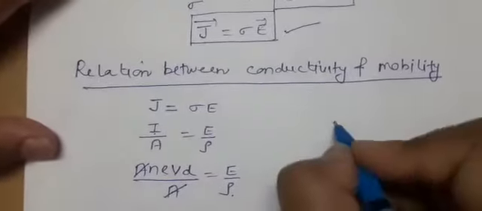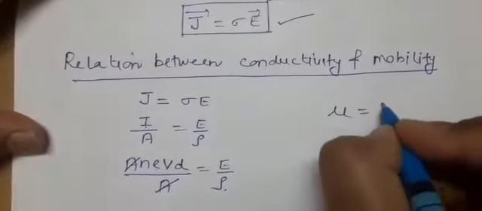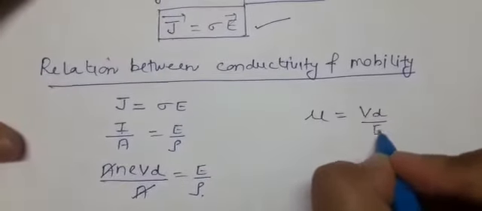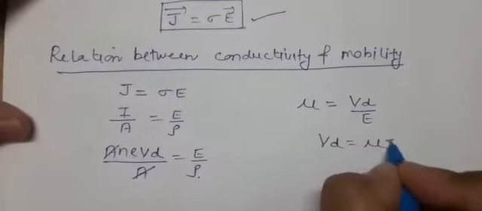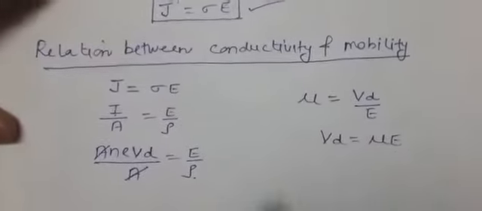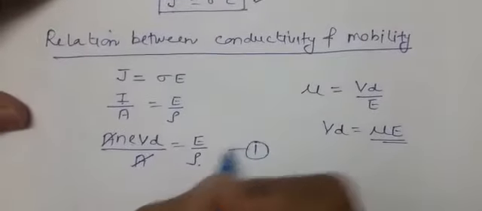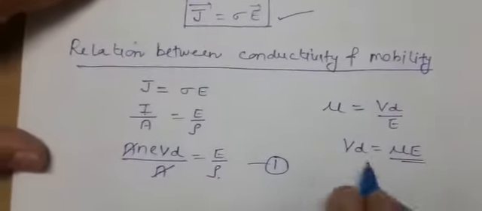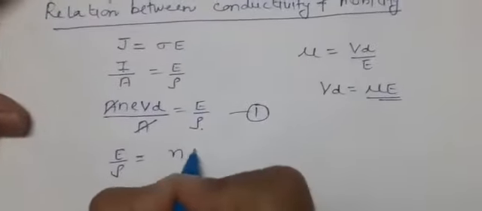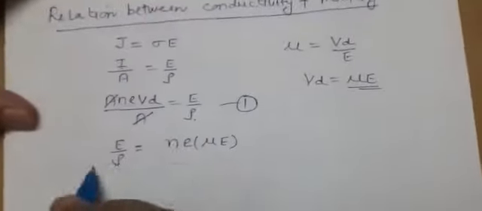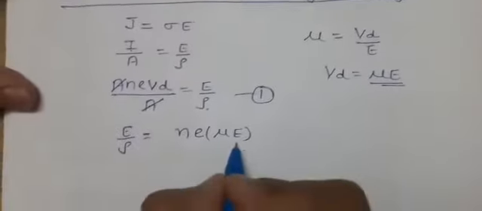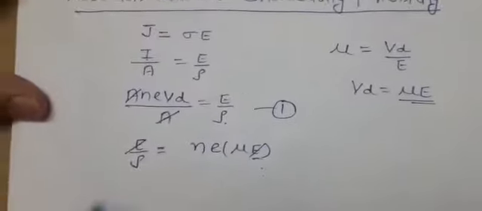Now we also know that mobility is given by drift velocity per unit electric field. So drift velocity can be taken as mobility into electric field. Put this value in equation 1. So when you put the drift velocity in equation 1, E upon rho will be N e mu into E. Now comparing the left side and right side, this electric field is common, so it will cancel out.